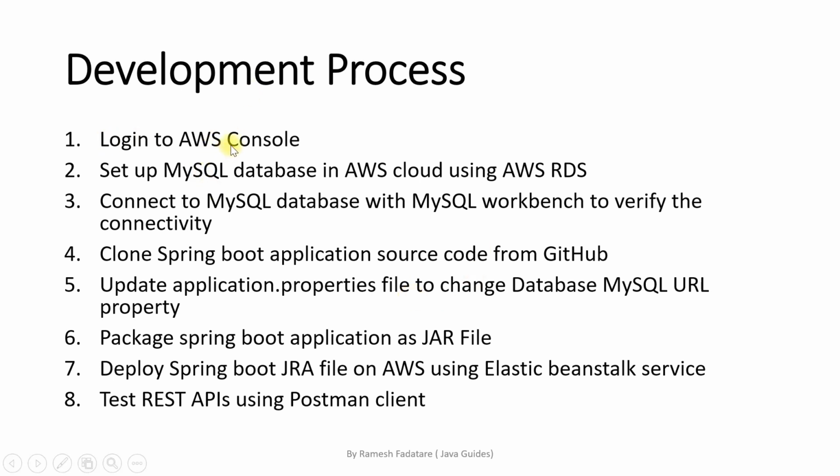We logged into the AWS management console, and we set up a MySQL database in AWS Cloud using AWS RDS, and then we connected to this MySQL database using MySQL Workbench to verify the connectivity, and then we cloned the Spring Boot application source code from the GitHub repo, and then we updated application.properties just to change the JDBC MySQL URL from localhost to the MySQL database which was deployed on AWS Cloud, and then we packaged our Spring Boot application as a jar file, and then we deployed our Spring Boot jar file application on AWS using the Elastic Beanstalk service, and we tested all the REST endpoint URLs using Postman client. Alright guys, pretty simple, just follow the steps.